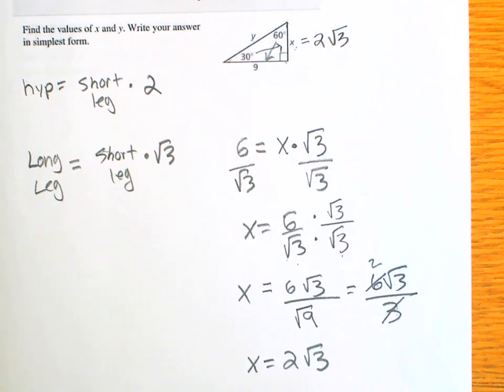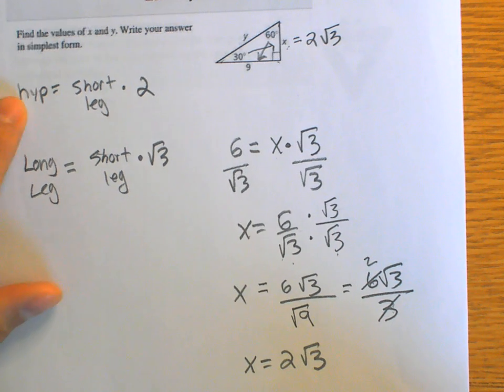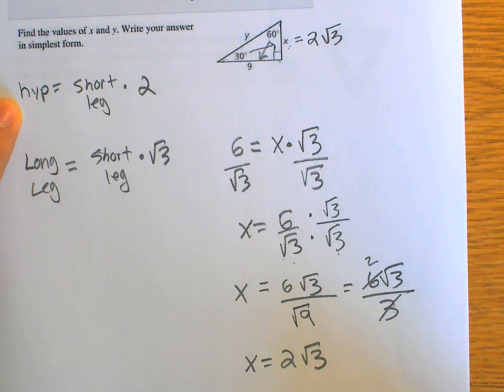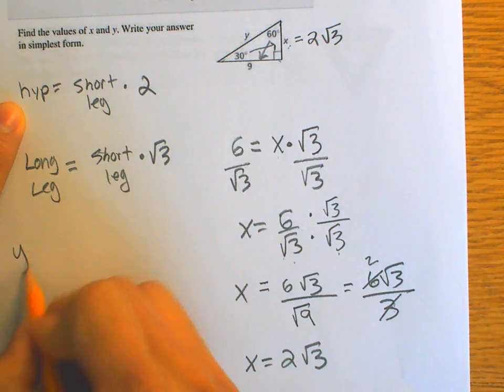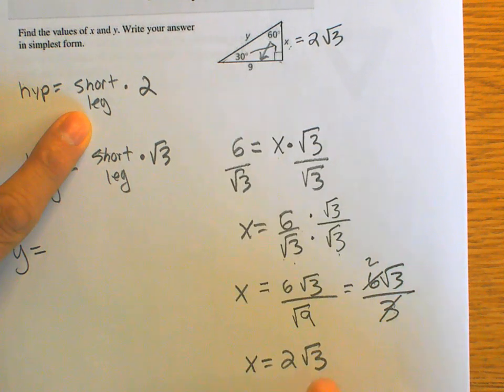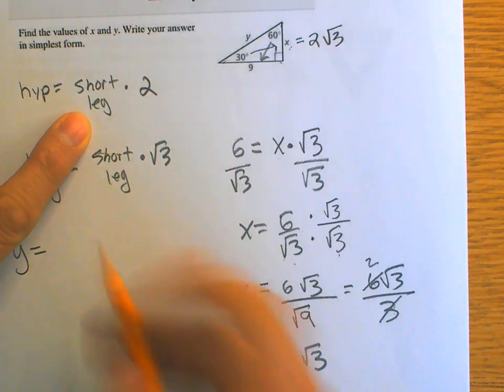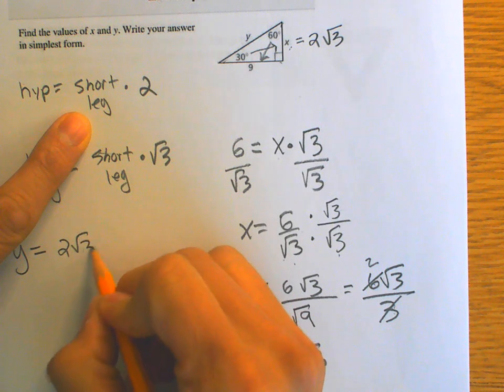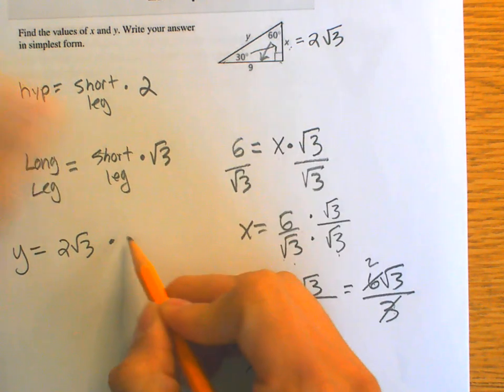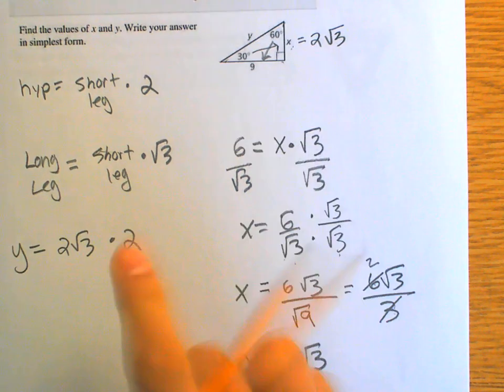So now the only thing that's left is to find the hypotenuse. So remember, the relationship for the hypotenuse is the hypotenuse equals the short leg times 2. So we know the hypotenuse is y. The short leg, we just figured out it is 2 radical 3 and then times 2. When you multiply this, do not multiply the number into the radical.